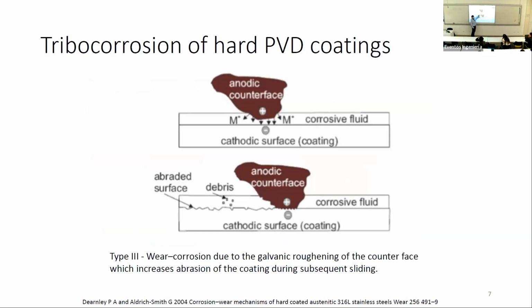It will roughen during the test, the counterface, and when it gets rougher due to this anodic reaction, it will result in being more mechanically aggressive on the coating because of the roughened surface. This type of damage, we don't encounter so much in our tests. We refer to it as type 3 corrosion wear.